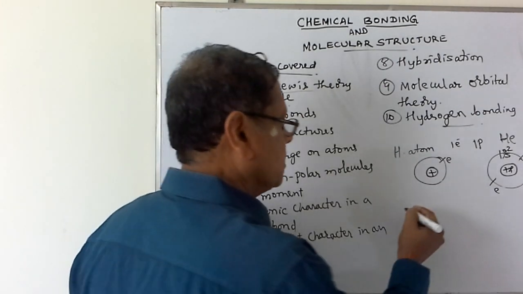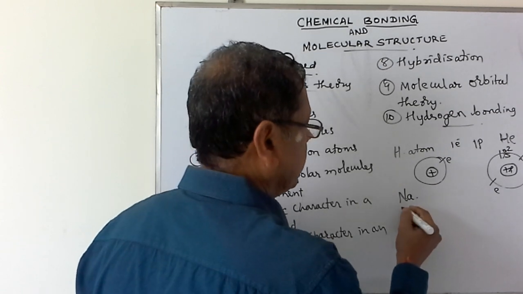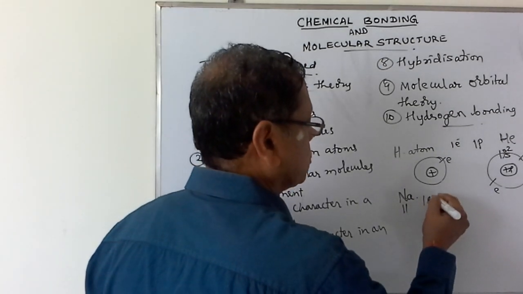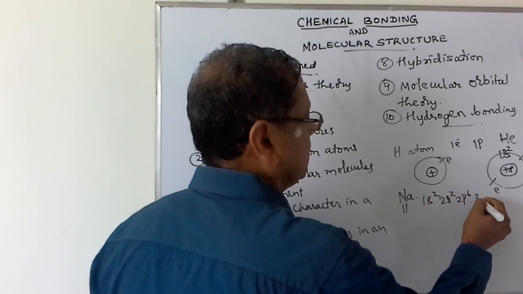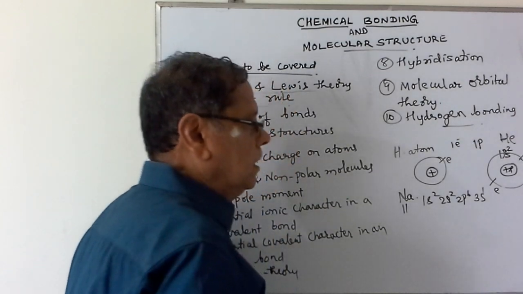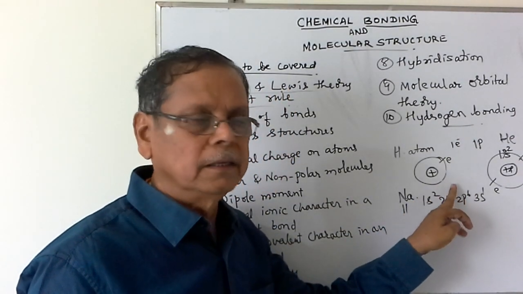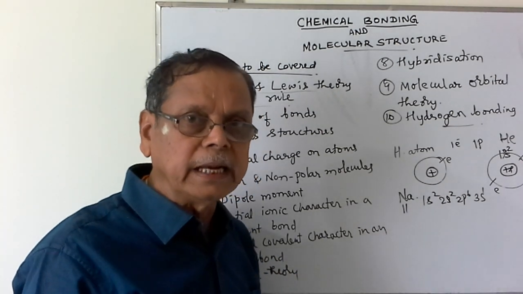Similarly, when you consider the sodium atom, we have the atomic number 11. The configuration is 1s2, 2s2, 2p6 and 3s1. Since only one electron is present in the third orbit, the sodium atom is highly unstable and highly reactive.